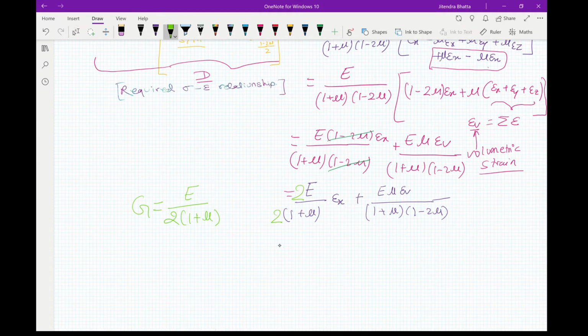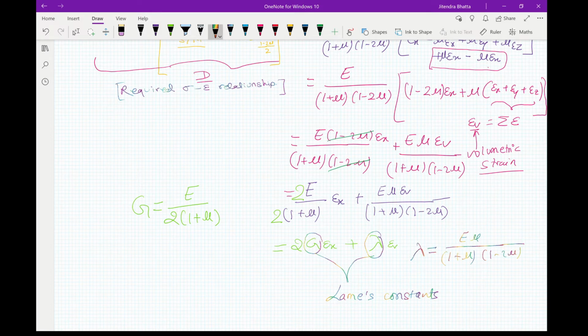Therefore, what you can write here is that this and this are known as Lamé's constants, where lambda will be equal to this and the shear modulus will be equal to this. So these are the Lamé constants.